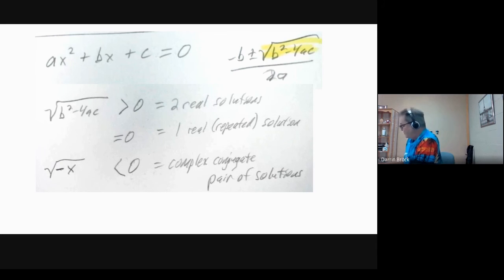Like the answer may be 2 and 2, the same answer twice. But before, if it was less than 0, we always said there were no solutions, because if it's less than 0, that means there's a negative number in there. Before, we always said there's no real solution because we hadn't gotten to complex numbers. This means there is a complex conjugate pair of solutions.